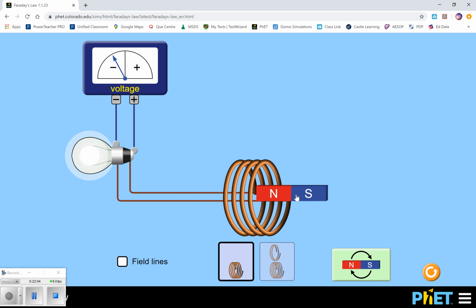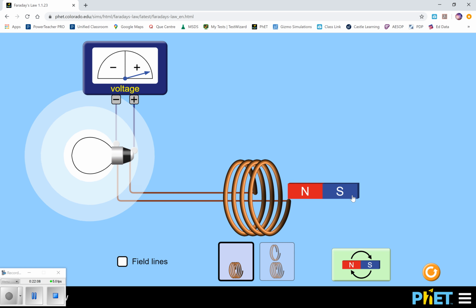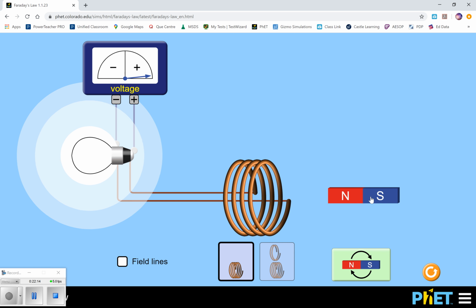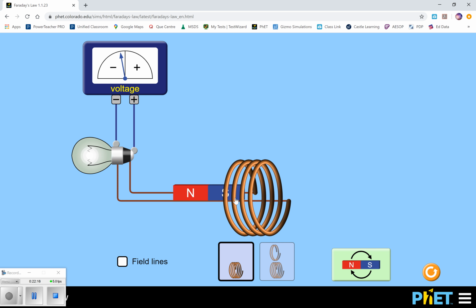If we move this through here, we see the induced voltage, the induced potential being created on the meter, and we can see the flow of current through the light bulb.